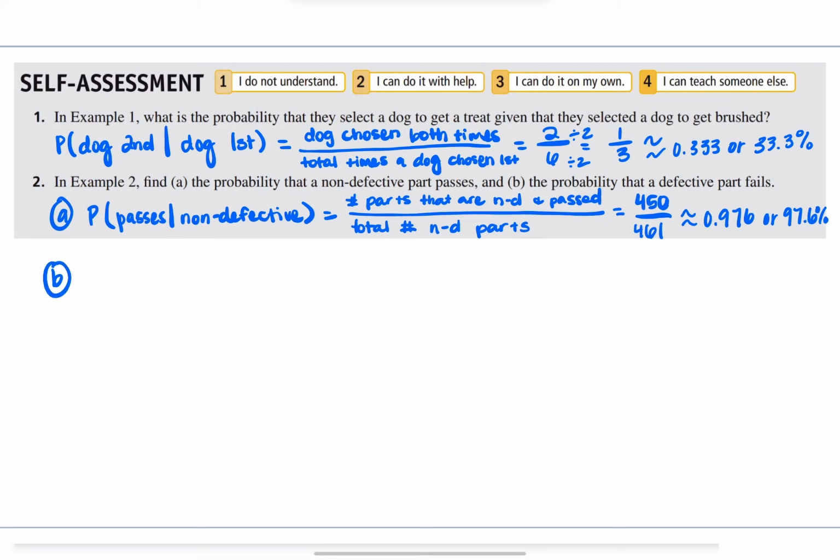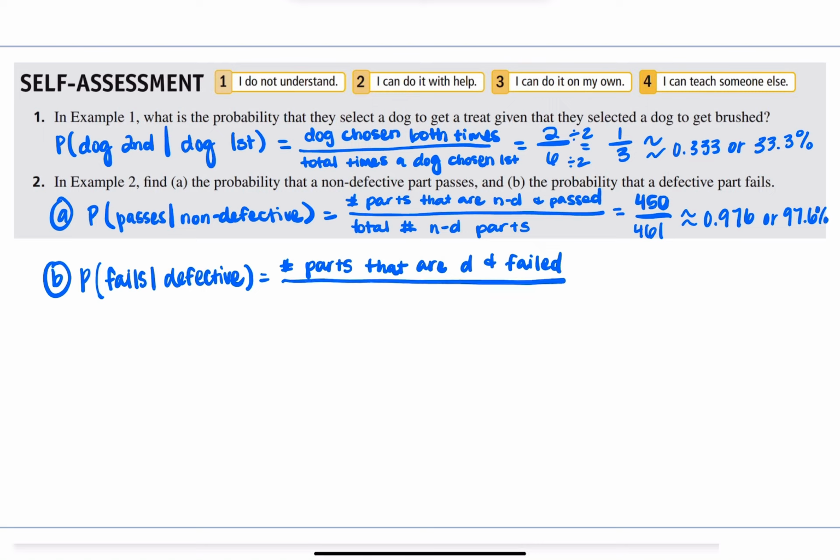Okay, part B, the probability that a defective part fails. So the probability that it fails, given that it is defective. So we're going to find the number of parts that are defective and failed over the given total number of defective parts.